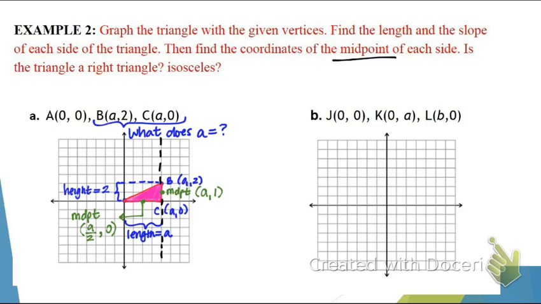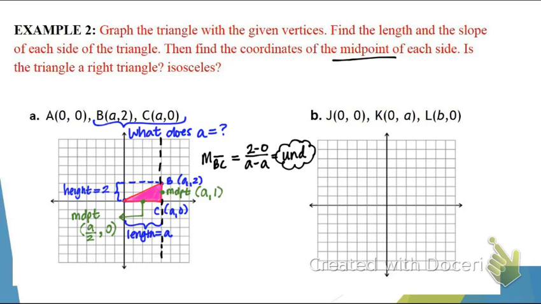So if we're finding the slopes of the sides, we would do the same thing. If I wanted to find the slope of BC, I would do y minus y over x minus x, and I'm going to get an undefined slope because the denominator is 0, right?